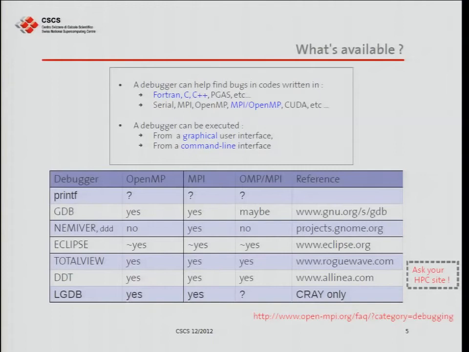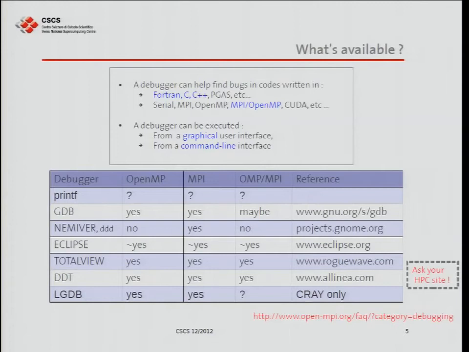The most simple debuggers are command line interfaces, and the most advanced ones have a nice graphical interface. But the problem with some of them is that you have to buy them, so they need a license.